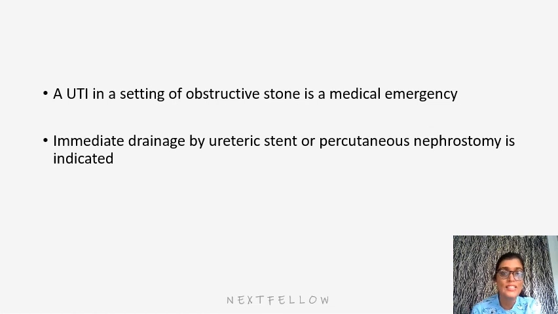Immediate drainage by ureteric stent or percutaneous nephrostomy is indicated. Percutaneous means through the skin. Nephrostomy means making an opening. Nephro means kidney. So via the skin, you will make an opening in the kidney, and you will drain the pus and remove the stone.